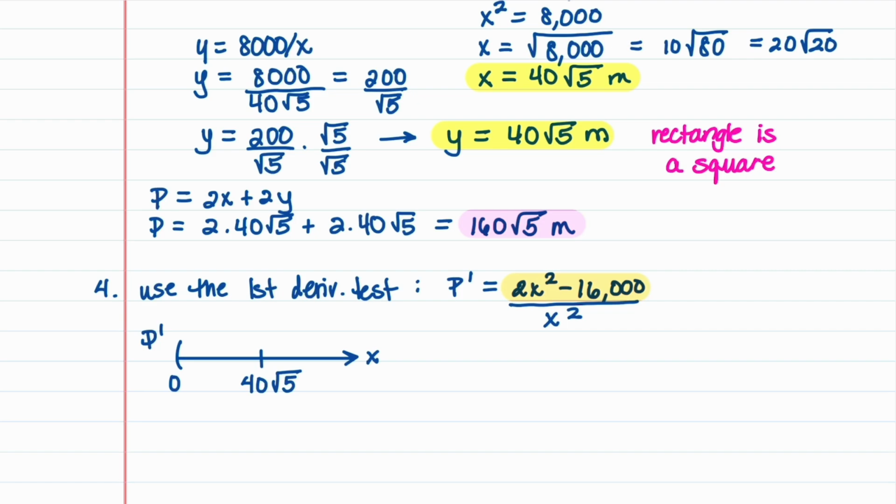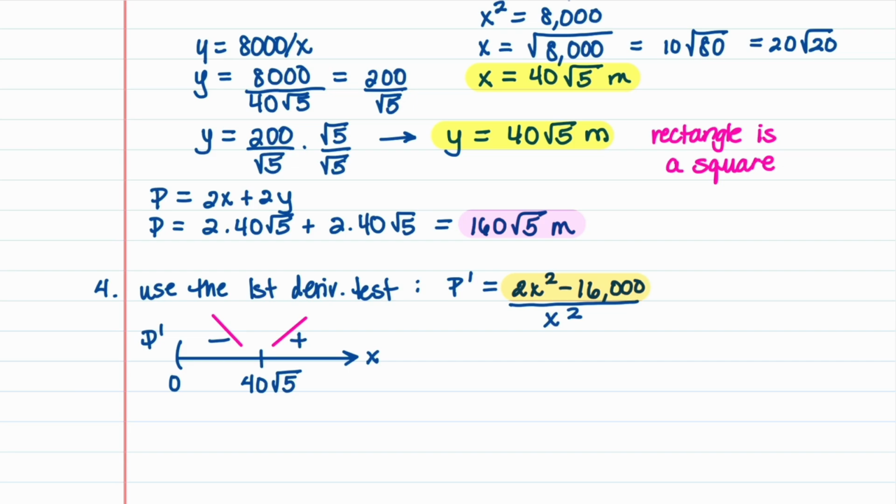So that means that to the left of 40 root 5, p prime is going to be negative, and it's going to be positive to the right. Now let's think of this in terms of increasing and decreasing. If p prime is negative, our function is decreasing, and then it's increasing, and that tells us that we have a min.